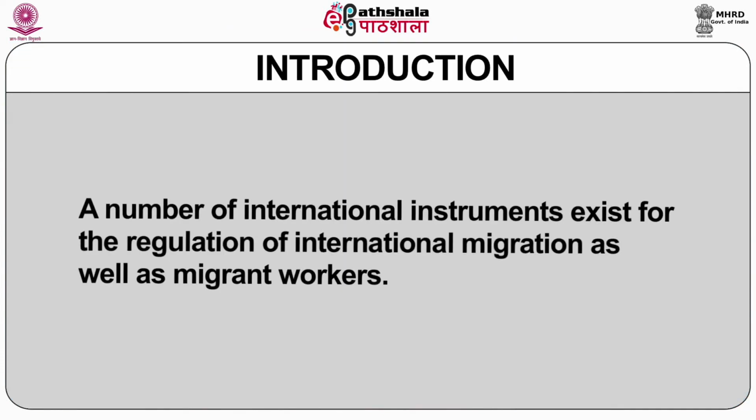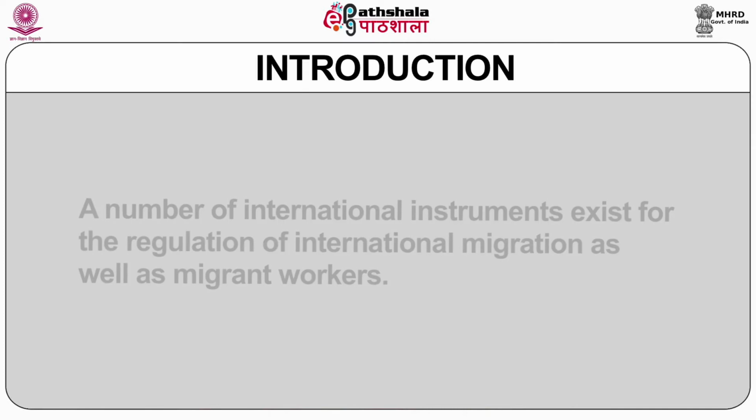While some human rights treaties have addressed specific aspects of the migration process and helped to further clarify the human rights of the migrants through conventions and protocols for protection, a number of international instruments exist for the regulation of international migration as well as migrant workers.